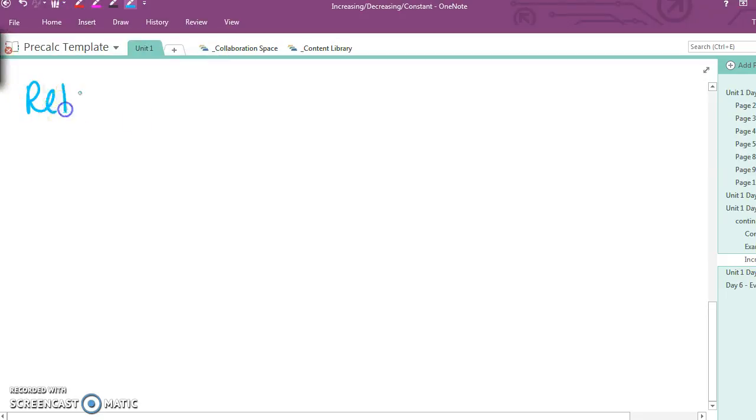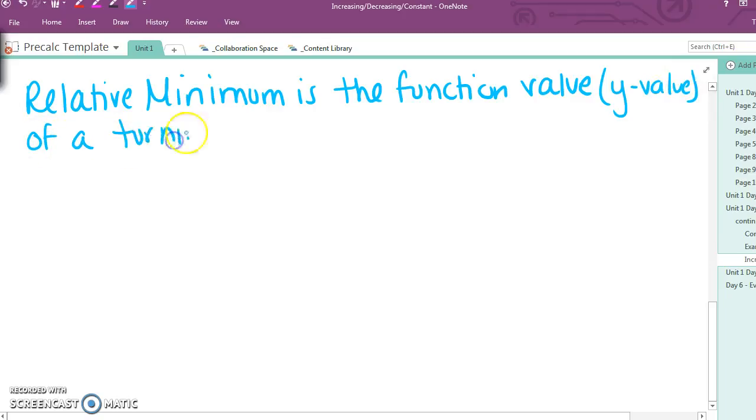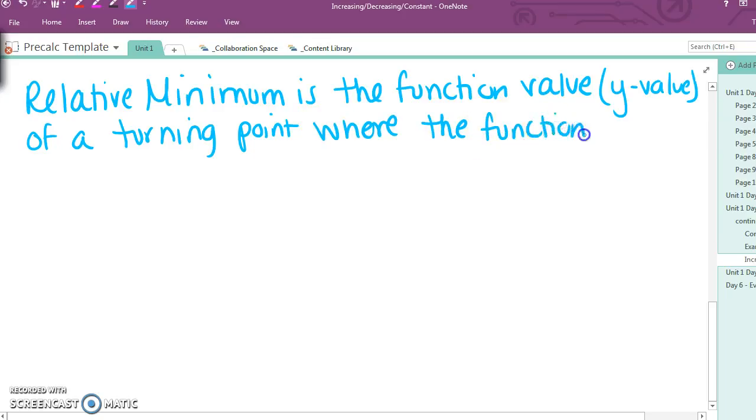So the relative minimum is the function value, or in other words, the y value, again, y value here, of a turning point where the function changes from decreasing to increasing.